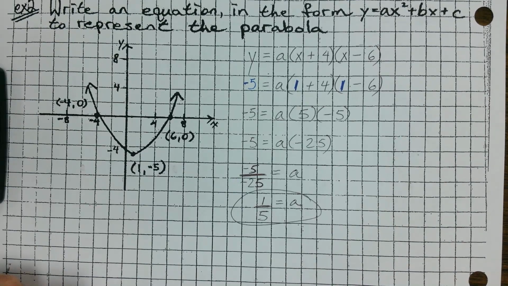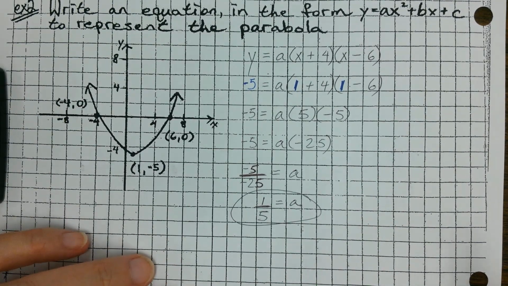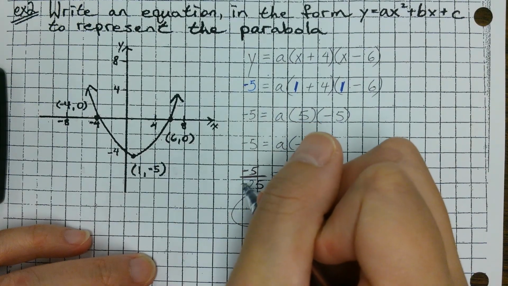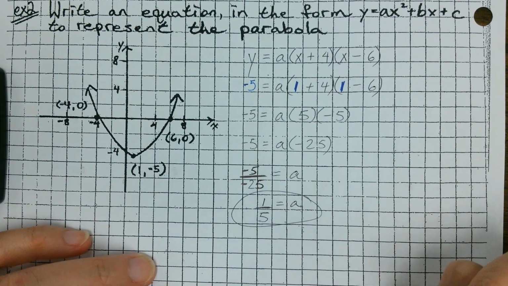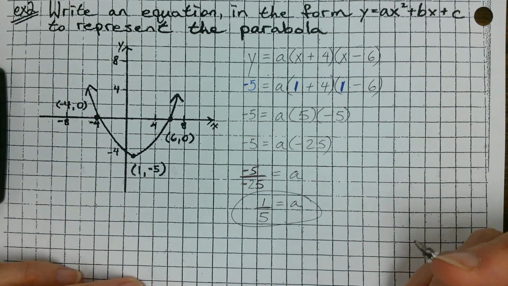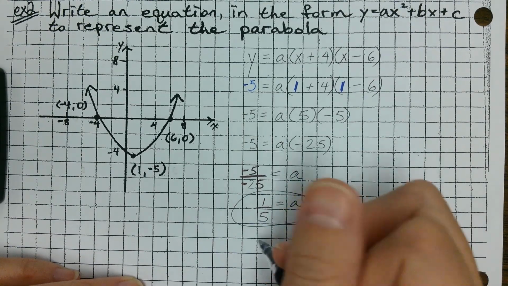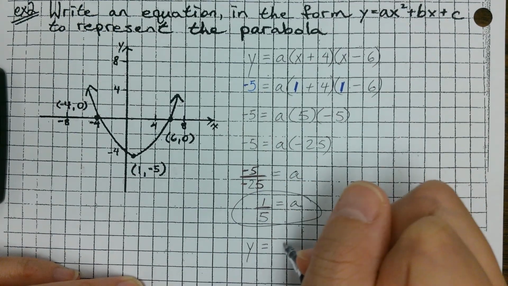Negative? No, because two negatives make a positive. Also known as 0.2. Sure. Okay. As I said, I'll let you guys use decimals if you need to. That's fine. Okay. So now that I know what a is, I can substitute it back into the original equation.